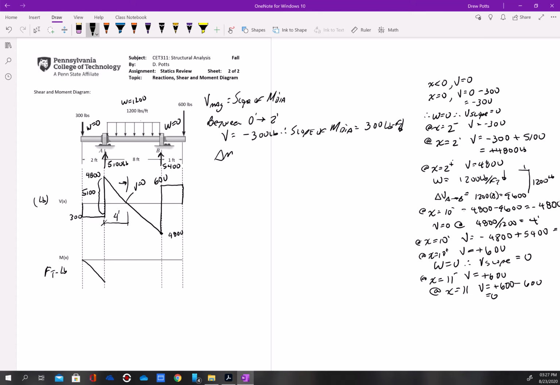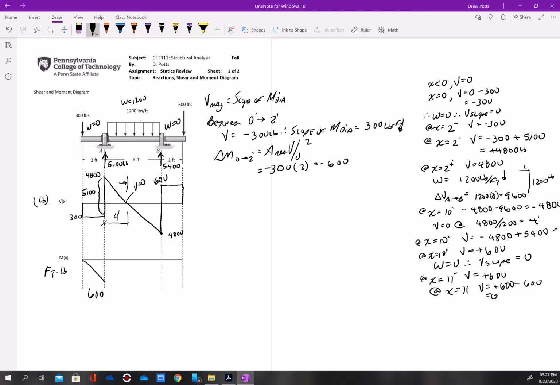So the change in moment from 0 to 2 feet is going to be the area of the shear diagram between 0 and 2, which is going to be negative 300 times 2, which is a negative 600. So this is 600 foot-pounds down. Okay.